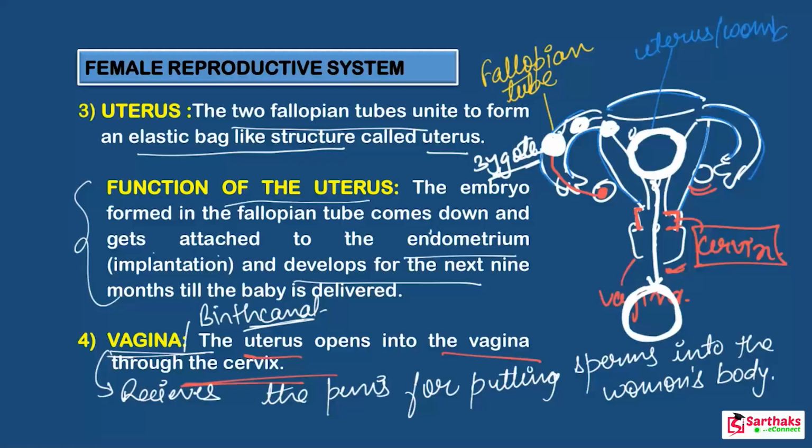Please note that in a woman's body, the opening for passing out urine, called the urethra, and the vaginal opening are separate.